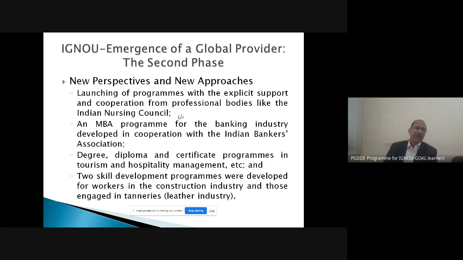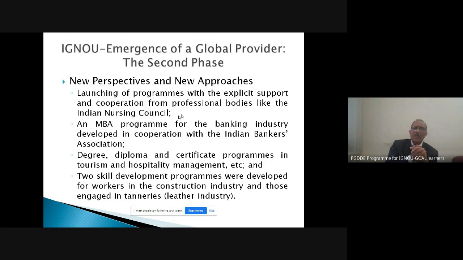In India, we have a number of tourist places, and tourism programs are in great demand, particularly hospitality management and the hotel industry. These are very different, unconventional areas. So the first phase was initially normal, general programs. In the second phase, as I have highlighted, programs were developed in specialized areas.